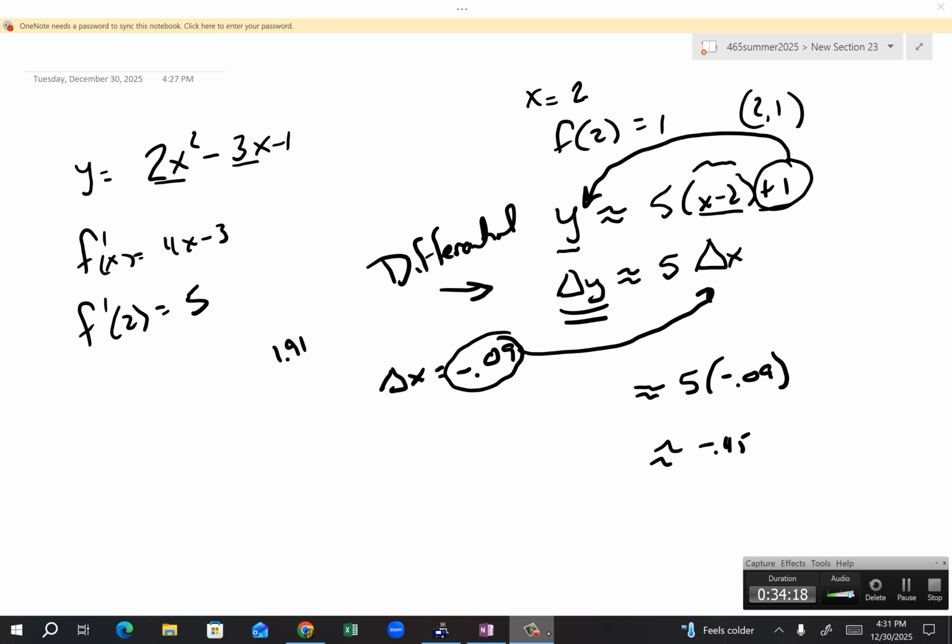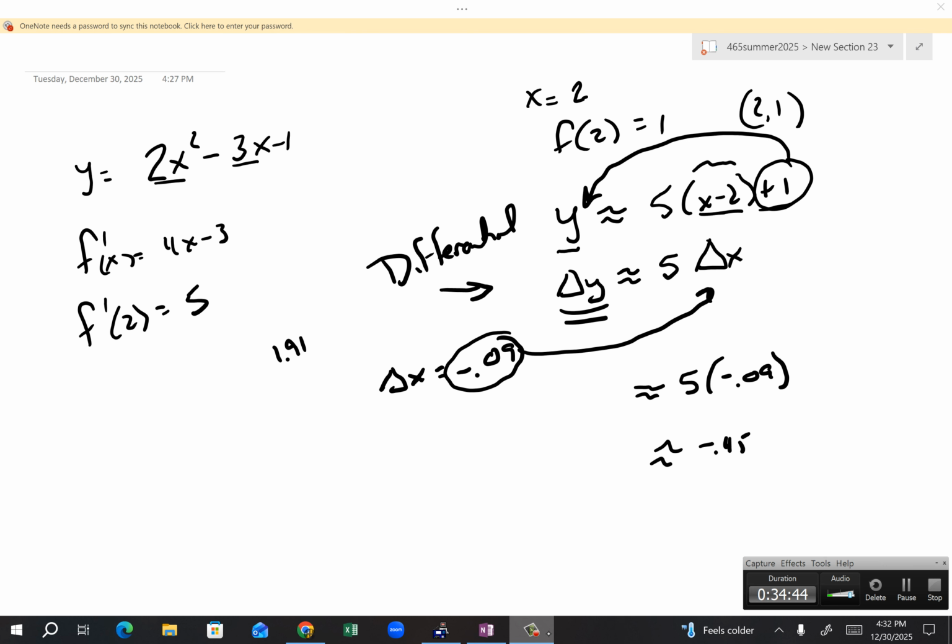Okay, so we got tomorrow. I want you guys today to work on finding the linear approximations. And in this first section, you're going to find linear approximations, and specifically the linearization.